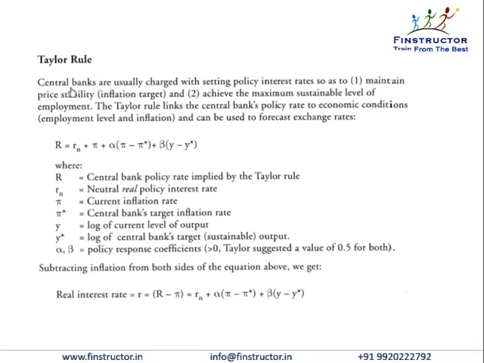The central bank usually has the responsibility of maintaining price stability, that is, keeping inflation within targeted levels, and at the same time ensuring growth and GDP improvement in the economy. That is, a sustainable level of employment generation should also be achieved while keeping inflation in check.